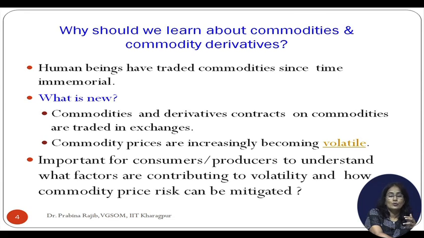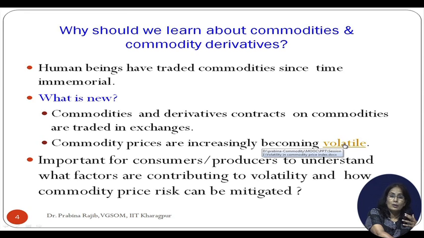The new dimensions which have prompted us to learn more about commodities are that commodity derivative contracts have started getting traded in exchanges. Commodities have been traded in the local spot market from time immemorial, as mentioned. However, commodity derivative contracts have started getting traded in commodity exchanges, and commodity prices are increasingly becoming volatile.